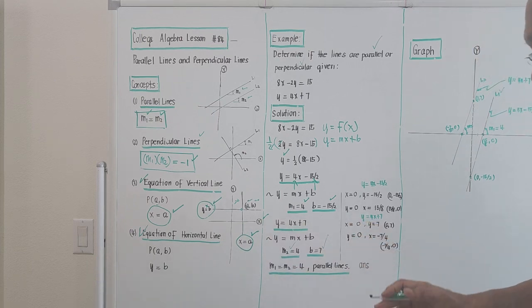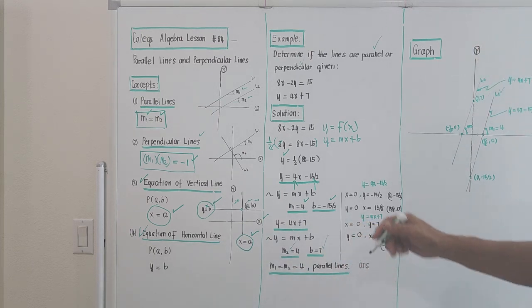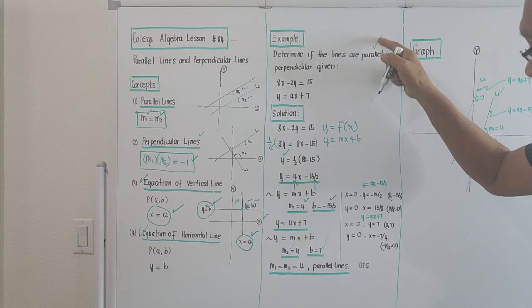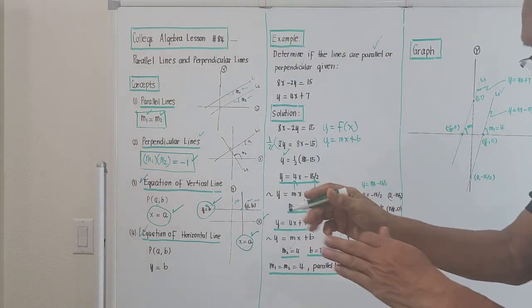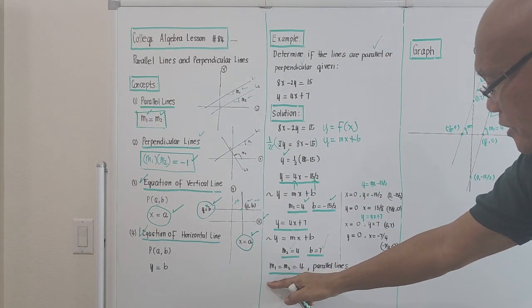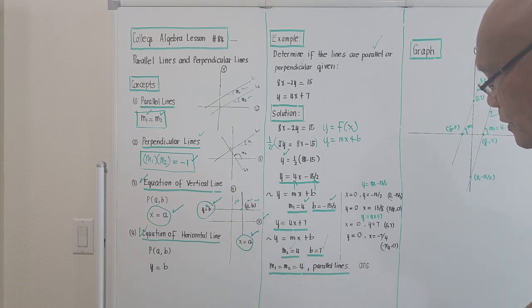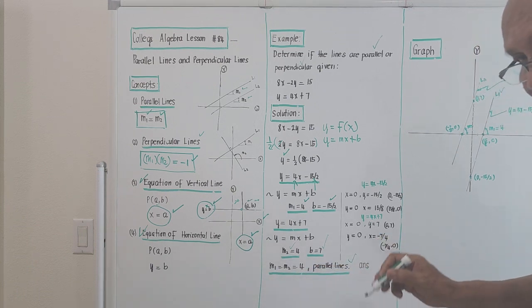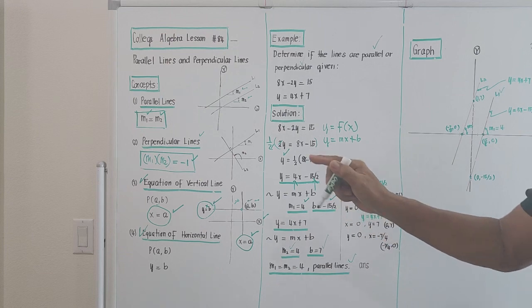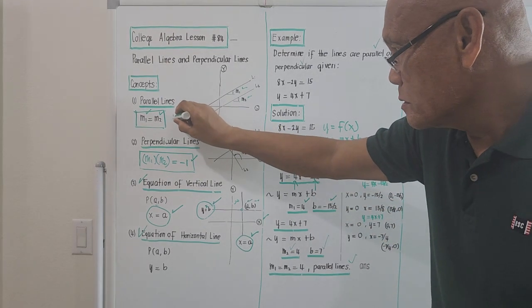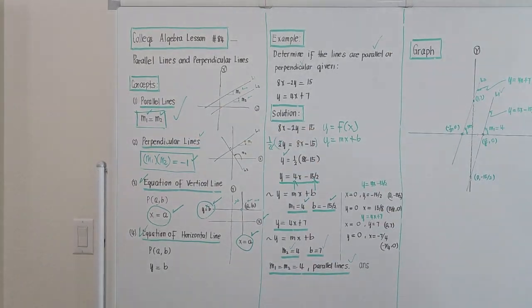Okay? So the problem is asking, are they parallel or perpendicular? Since m1 is equal to m2 equal to 4, they are parallel lines, because the slopes of parallel lines, according to concept number 1, are equal. As simple as that.